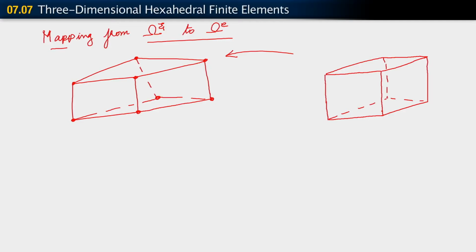Okay, so this is where we are constructing this element omega e from, right? And this is omega sub xi.